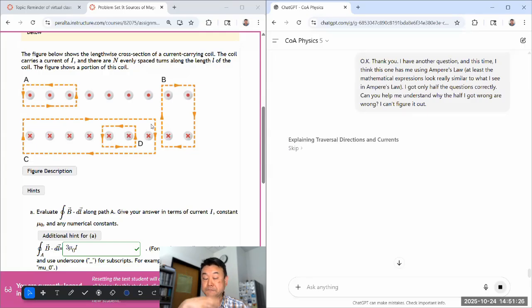So that's where I'm interested in seeing how the CoA physics GPT explains that for C it's positive, and for D it's negative. Okay, almost there. It says 48 seconds, but it felt longer than 48 seconds.